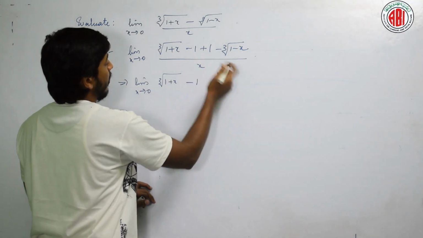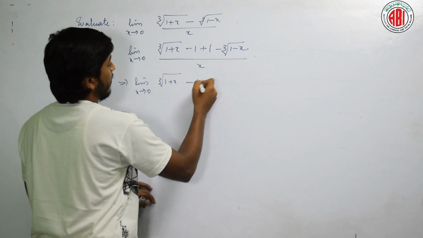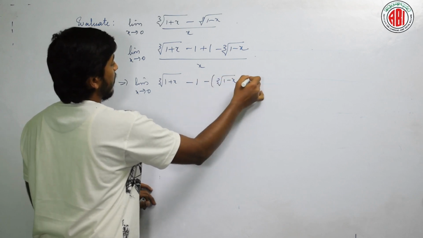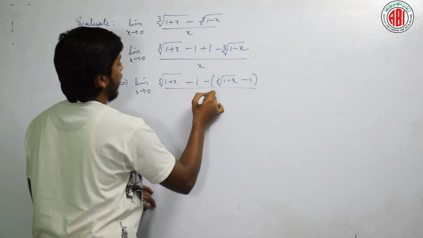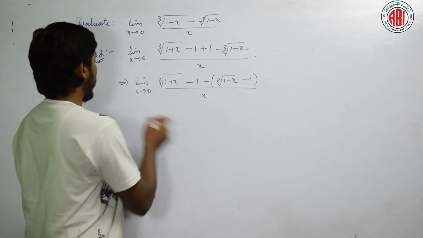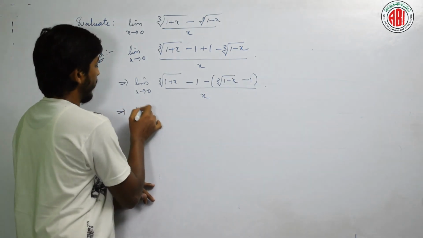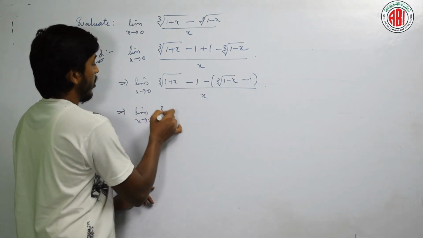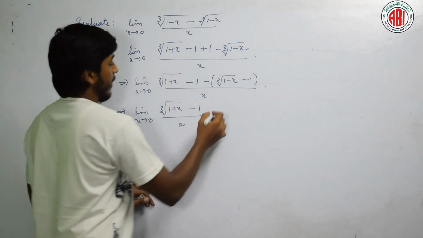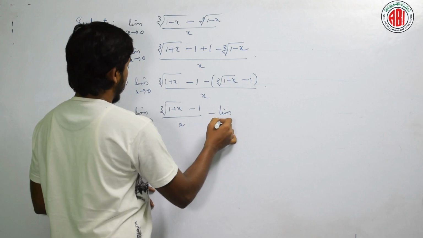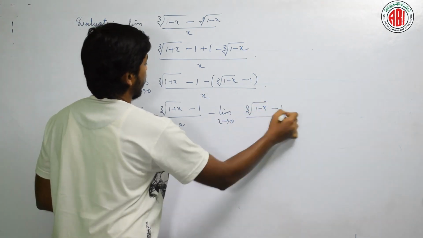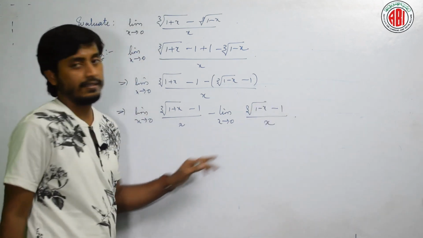Here let me take minus as common and write it as cubic root of 1 minus x minus 1 divided by x. Is it okay? Let us separate everything. This will become limit x tends to 0 cubic root of 1 plus x minus 1 divided by x, minus limit x tends to 0 cubic root of 1 minus x minus 1 divided by x.